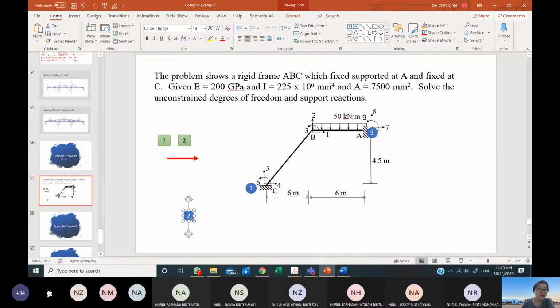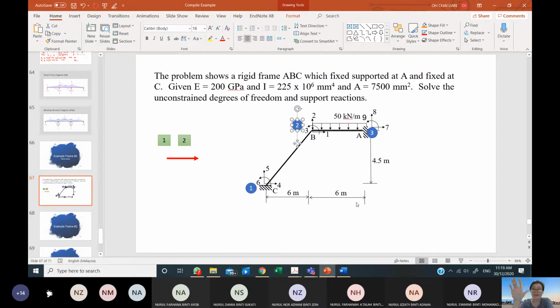You can also put nodes wherever there is a different alignment. For example, in A, B, C, there is one span and they change alignment, so at this joint you put node number 2. If there is any change in EI or EA, you also need to put nodes to indicate the difference. So I see nodes 1, 2, 3 are appropriate for this frame.